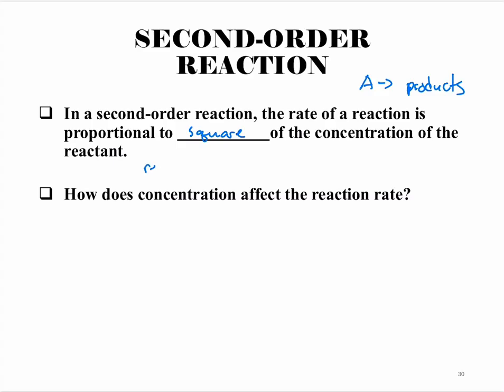Then our reaction rate is equal to uppercase K, which is equal to lowercase k, our rate constant, times the concentration of our reactant to the power of 2. And again, this power of 2 is what makes it second order.